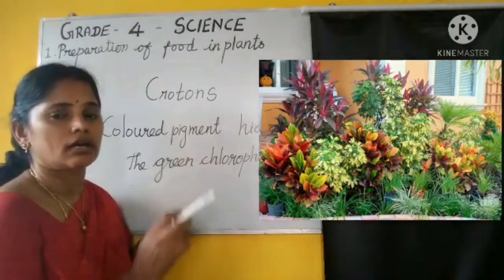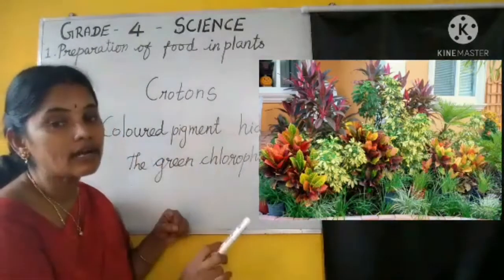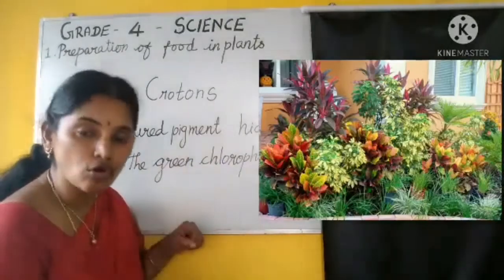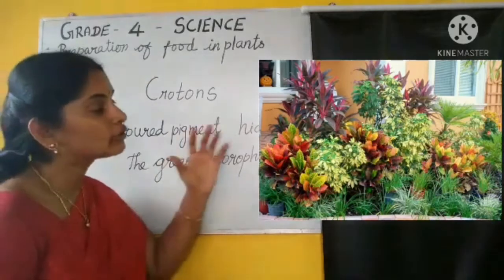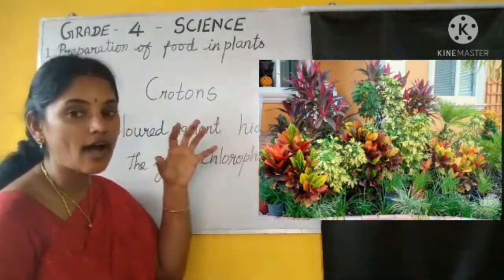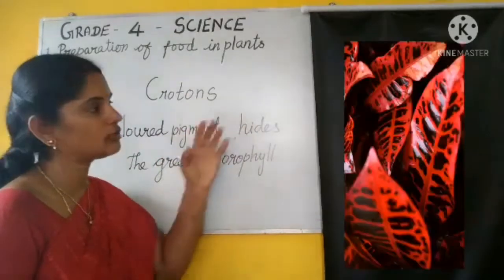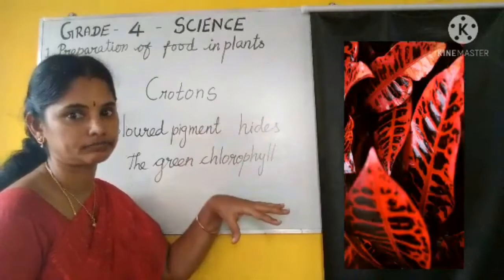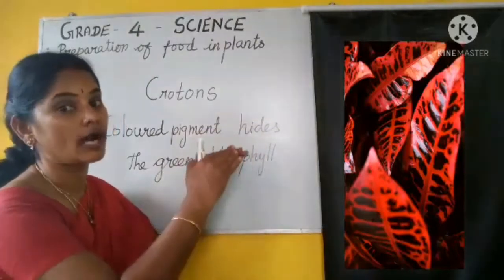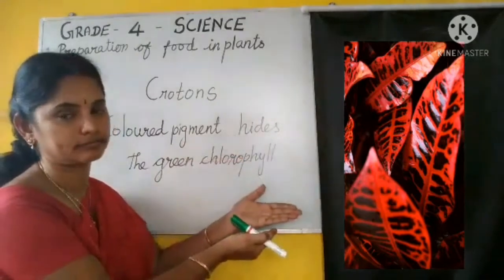See, in these colored leaves also, the green pigment called chlorophyll is present. But the chlorophyll is hidden by the colored pigments. Look at this red leaf, it has red colored pigment. But under the red colored pigment, the green chlorophyll is present.